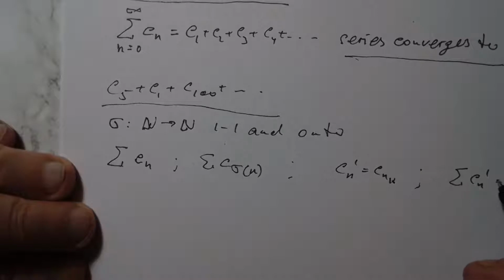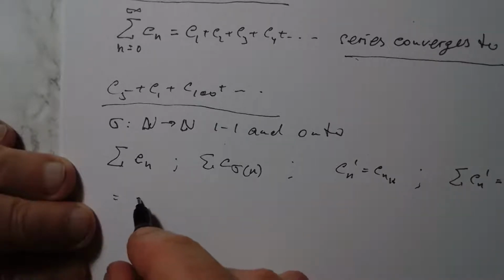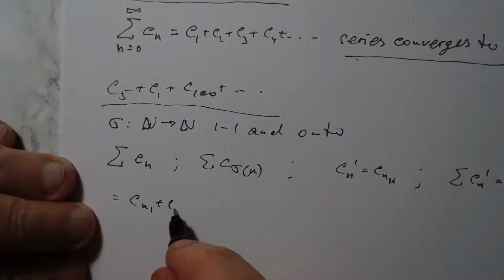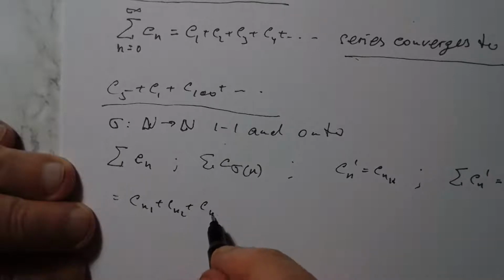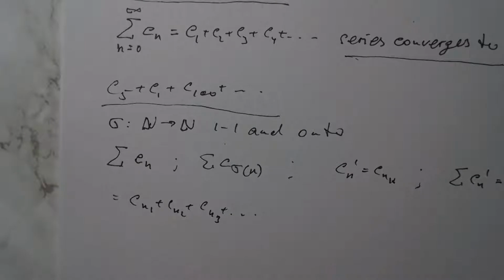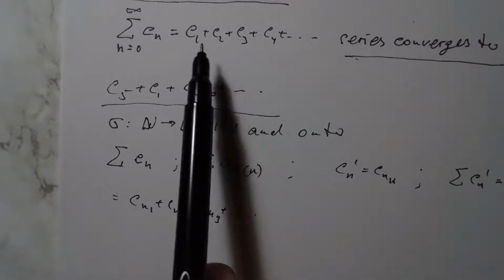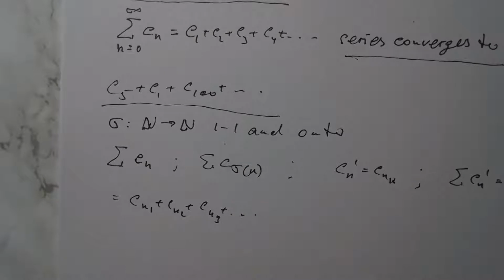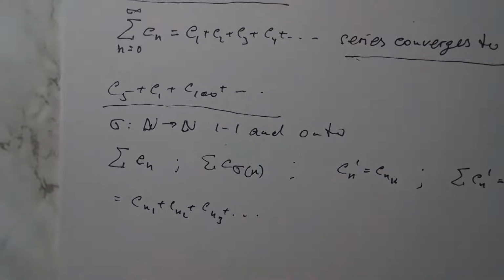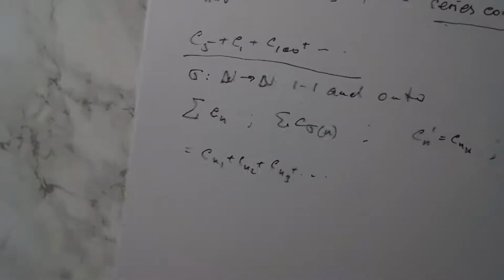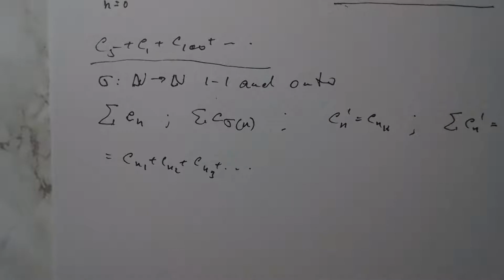So this is like Cn1 plus Cn2 plus Cn3, and you go on like that. And so these numbers Cn1, Cn2, Cn3 are each the same as those numbers C. They appear only once each, and this will be the new series. And the question is, does this series necessarily converge or not? Let me check this.